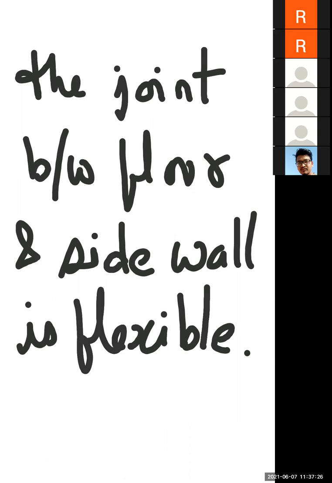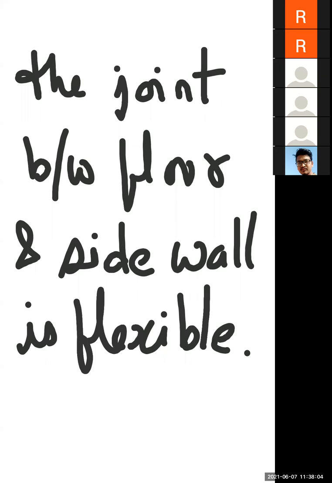Two types of construction methods are adopted. One is the side wall is free. When the side wall is free to expand, it means there is some movement. When we say joints provide movement, I already taught you the types of joint.